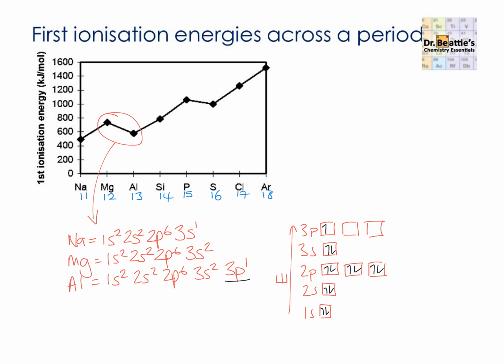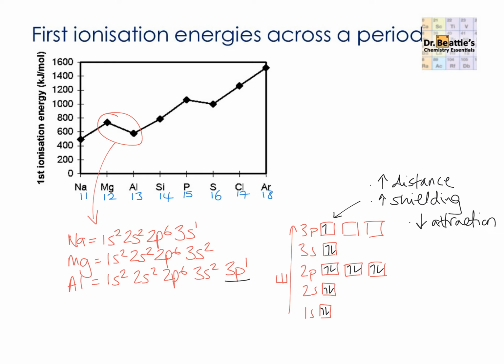So the electron is on average further from the nucleus and also has additional shielding because of the 3s2 electrons. And it's these two factors here, the increased distance and the increased shielding, that mean the electron in the 3p orbital is less attracted to the nuclear charge.